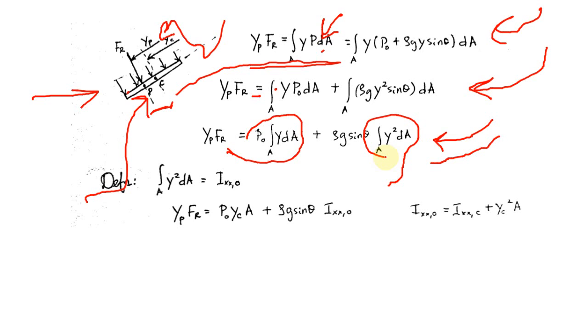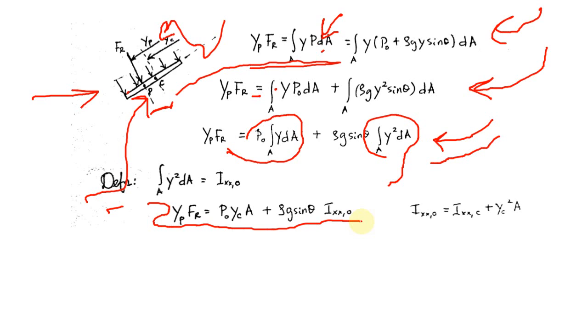So from the definition of second moment of inertia, integration of y squared dA over the whole area would be the second moment of inertia of that area about the axis xx, with the point being O. So substituting these values, you have YPFR is equal to P naught yc A plus rho g sine theta Ixx,O.